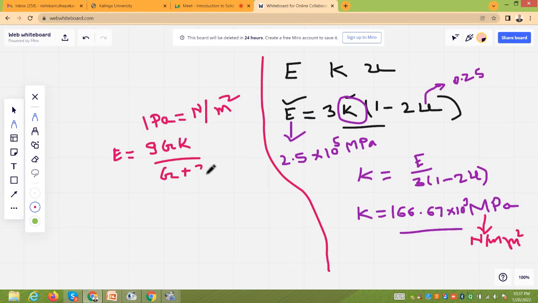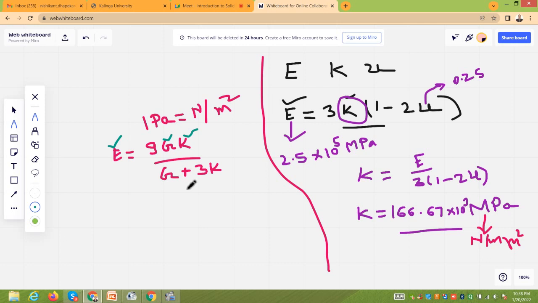So this is the simple relationship between all 3 moduli, E, G and K. The benefit of this is that if you know any 2 moduli, you can easily calculate the third one. It's so easy.